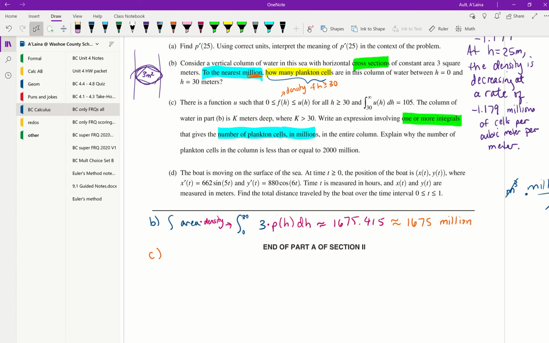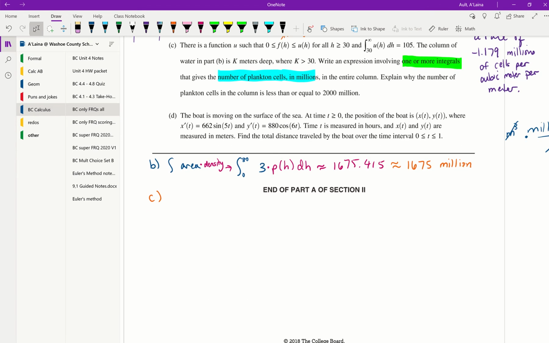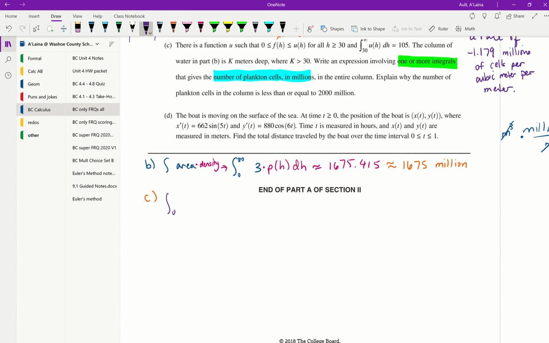Well, we already know that we have a way to model the number of cells for the first 30 meters. This is from part B. I need a way to model the number of plankton cells for heights higher than 30. Well, starting at 30, and I don't actually know how tall the column is.